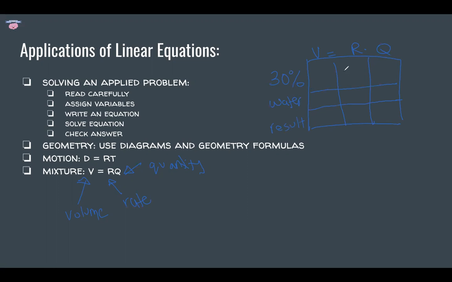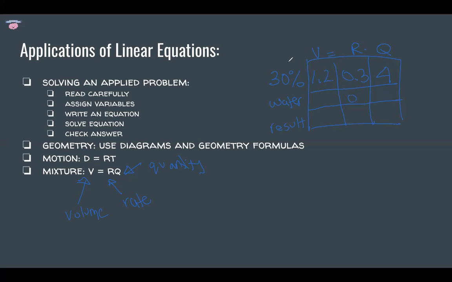So the rate of this is obviously 0.3 or 30%. It's easier to write as a decimal because we're going to have to multiply. Let's say we're given 4 liters of this, which means V is equal to R times Q. So this would be 1.2. Next, water. Water has 0% acid in it.